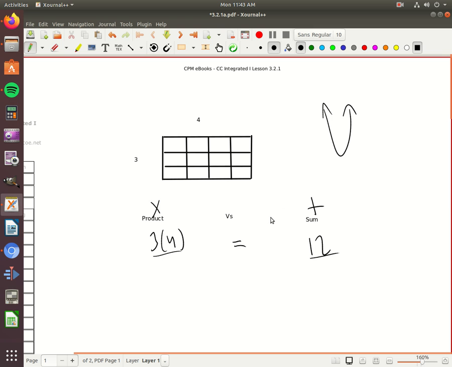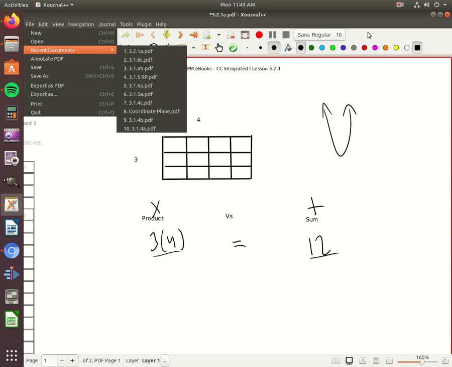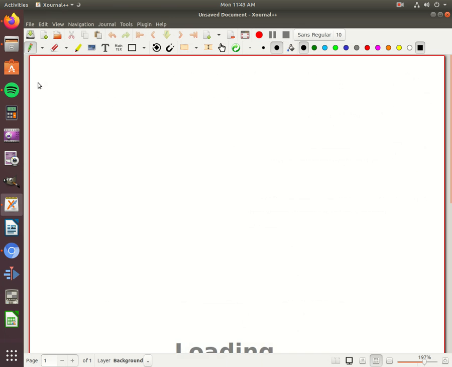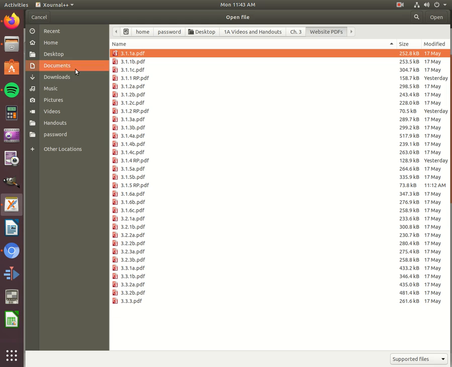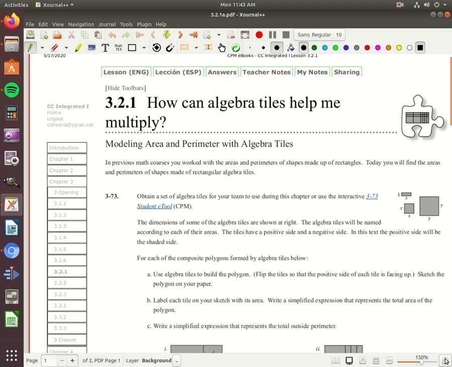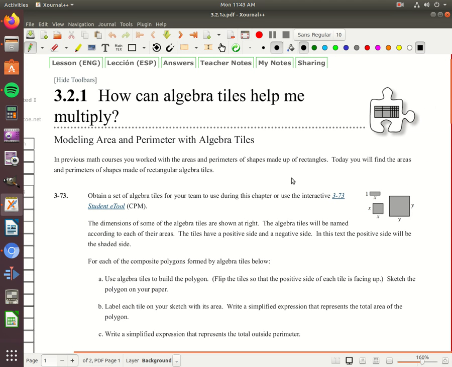So if this seems nonsensical, and what are we counting blocks for, please realize it actually is very important for what's going to come next year. So having said that, we will go ahead and jump into 3, 2, 1. I just wanted to throw that out there, that it is important and that it is going to go somewhere, especially next year, and that the product versus sum part of it is a big deal.